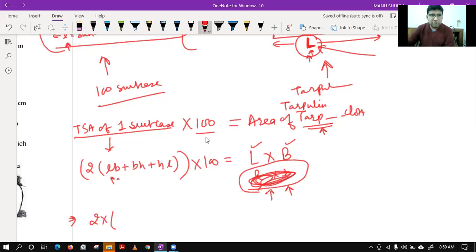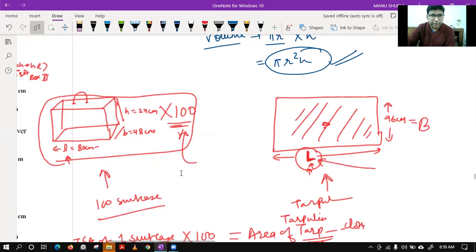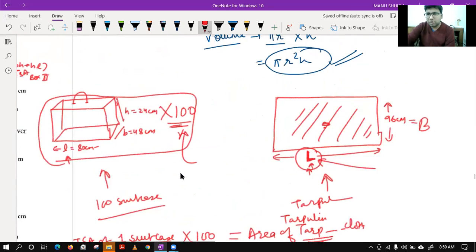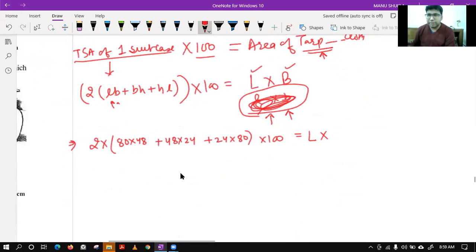The value of L is what? It is 80, 48, 24. No? So 2 into (80 into 48 plus 48 into 24 plus 24 into 80) into 100 is equal to capital L, which is unknown, into the breadth. What is the breadth? It is 96 centimeter.